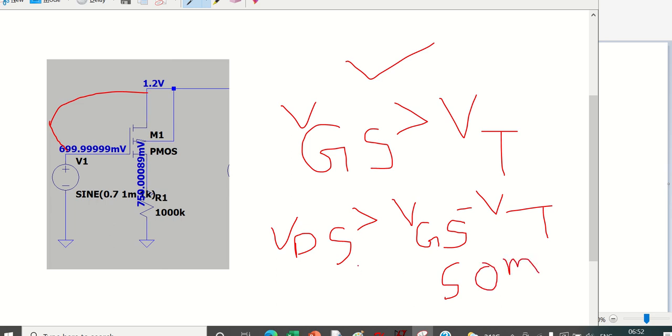This VDS can go down to 50 milli. So 1.2 minus 750, it has very good margin. Still I can go up to 50 millivolt, so this node can go up to 1150. If it goes, it will become 1200 minus 1150. Only up to that point, my device is in saturation region. So I can still go there.